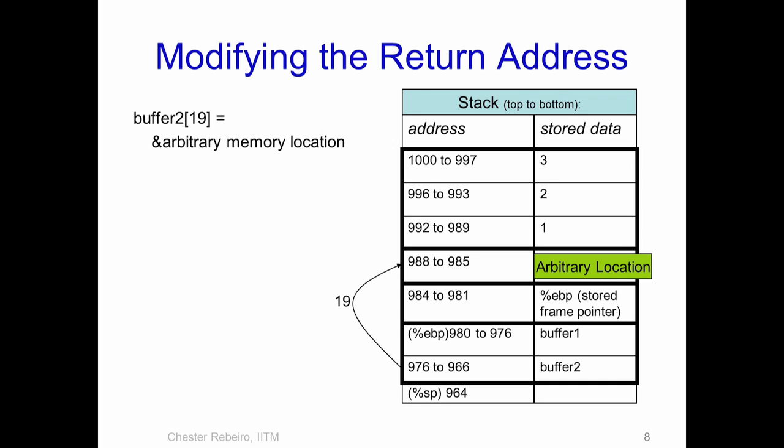So, what we would see is that instead of returning to the main function as would be expected in the normal program, since the attacker has changed this return address to some arbitrary location, the processor would then cause the instructions corresponding to this arbitrary location to be fetched and executed. So, now it looks quite obvious what the attacker could do in order to create an attack.